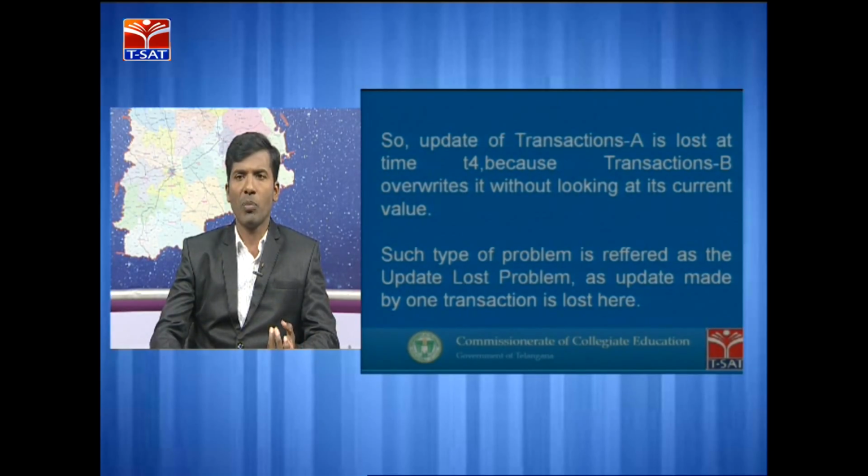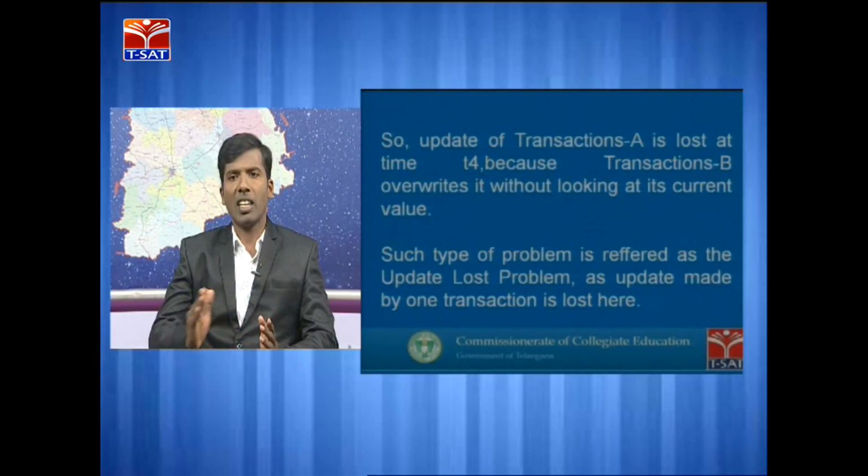So the last update problem needs to be handled properly before actually changing the value from one transaction to another transaction. The operations between the transactions, like A and B, need to be interleaved properly. I mean, they need to be arranged properly so that this arrangement does not affect the other transaction by giving it incorrect results.